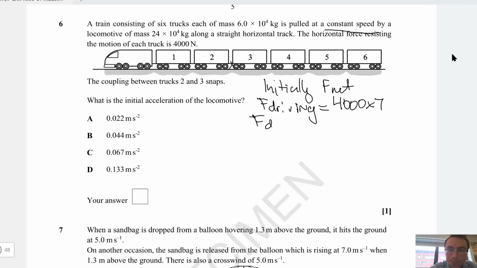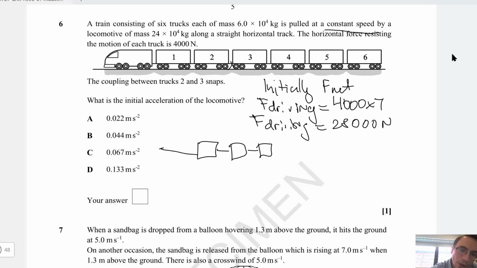So that means that the driving force is going to be 28,000 newtons. Now, after this thing is snapped, we're going to have 3 of them, like so, and that force of 28,000 newtons will still be pulling them.